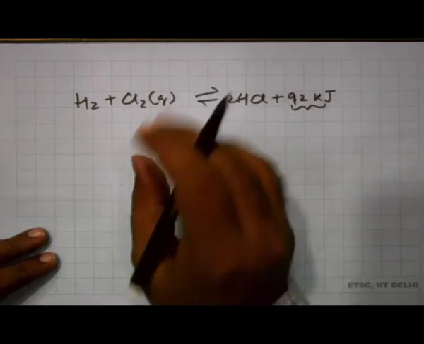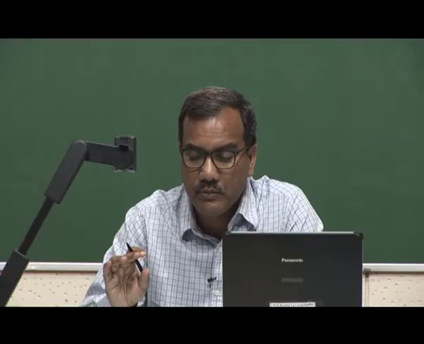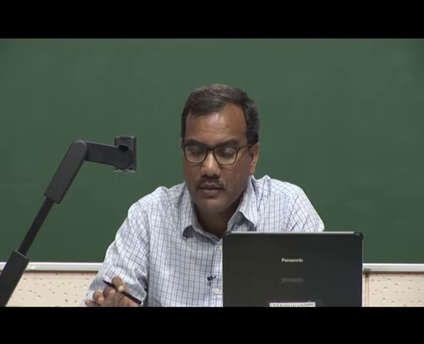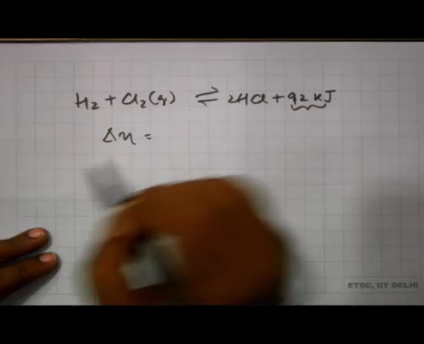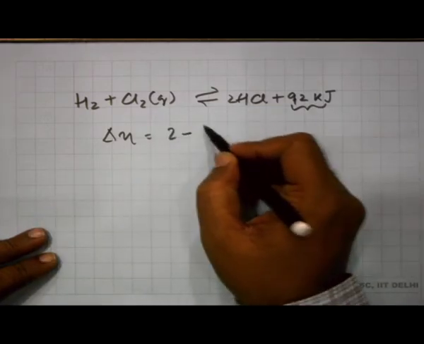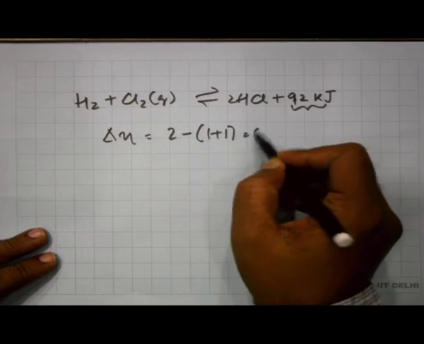What about pressure and volume? For the effect of pressure or volume at equilibrium, we must calculate delta n, and delta n is 2 minus 1 plus 1, which is 0.